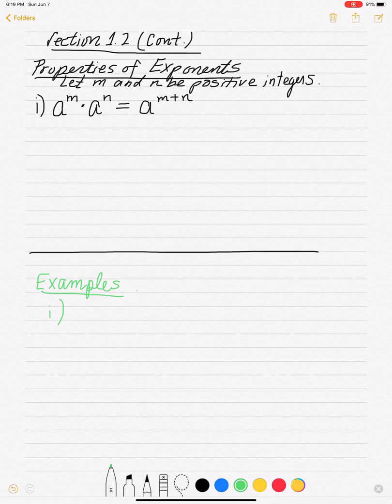Let's say I've got a to the third times a squared. What does a to the third mean? A to the third means you're multiplying a together 3 times. What does a squared mean? A squared means you're multiplying a together 2 times. So I've listed 3 copies of a for a to the third, 2 copies of a for a squared.